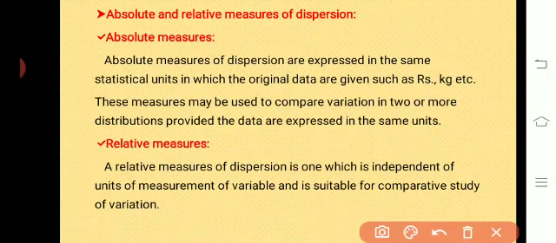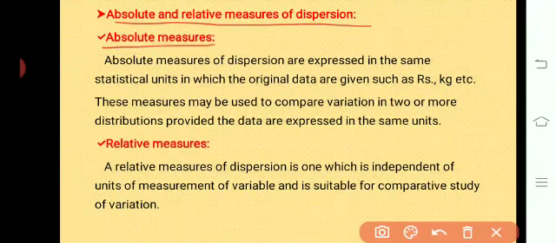Then we are going to study the absolute and relative measures of dispersion. There are two types of measures. One is absolute measures, another is relative measures. First we will see the absolute measures of dispersion or variation.